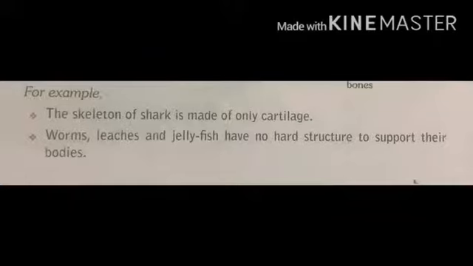Long bones such as thigh bones and upper arm bones have bone marrow inside them. Bone marrow produces red blood cells and some white blood cells also. Only animals having a backbone have bones in them, which means there is a skeleton structure present in them.